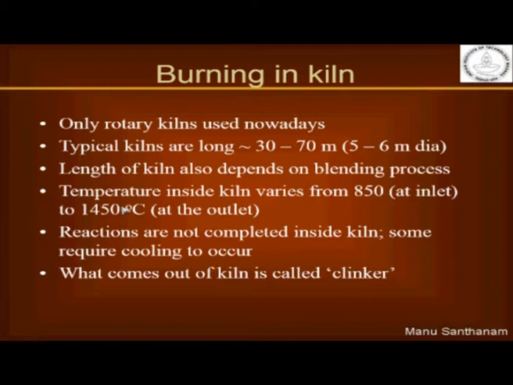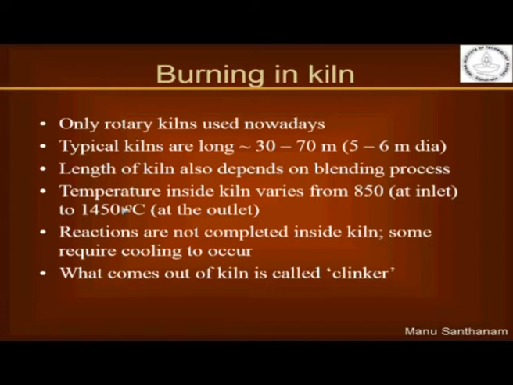Okay, of course the length of the kiln depends on the blending process. If you have a dry process, your kilns are shorter. If you have a wet process, in order to drive off the excess water that is present in the slurry, you need to make much longer kilns. Okay, so the dry process involves smaller kilns, the wet process involves longer kilns. So obviously the dry process is much less expensive as opposed to the wet process.